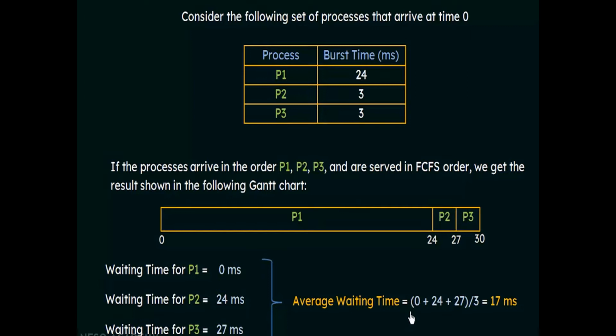Similarly, the waiting time for P3 is 27 milliseconds. For the average waiting time we have the formula: the waiting time of P1 plus P2 plus P3 divided by 3. So the calculated average waiting time is 17 milliseconds when these processes come in the order of P1, P2 and P3.